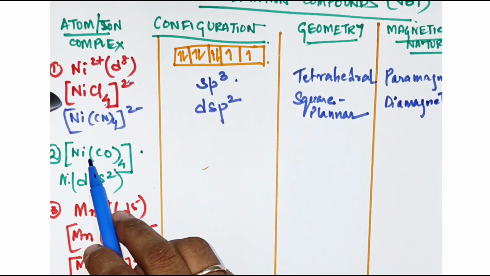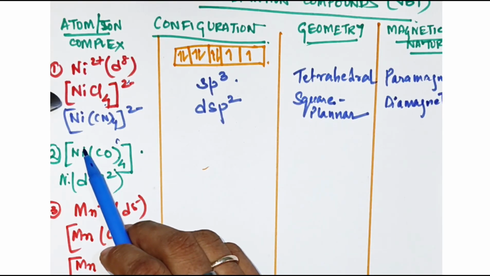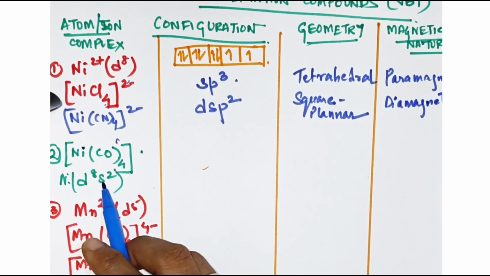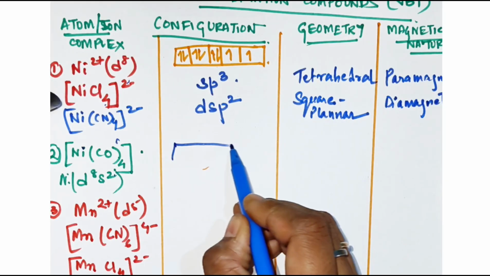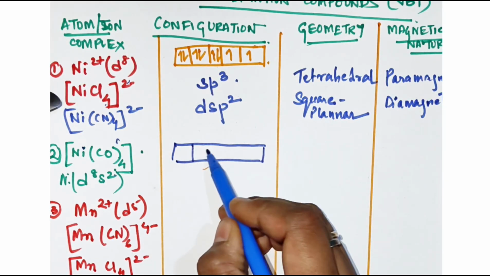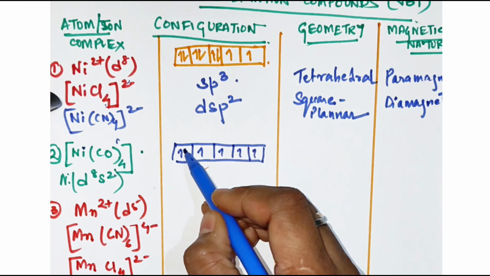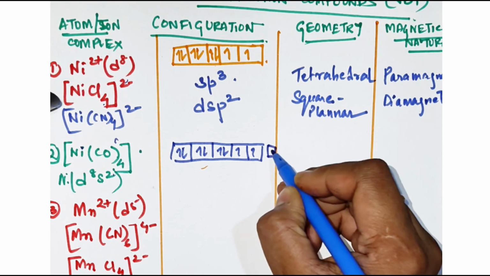Now see here, nickel carbonyl. Here carbonyl is 0, so the oxidation state of nickel is 0 with configuration d8s2. There are 8 electrons in the d orbitals, 1 2 3 4 5 6 7 and 8, and there is another 4s orbital also.